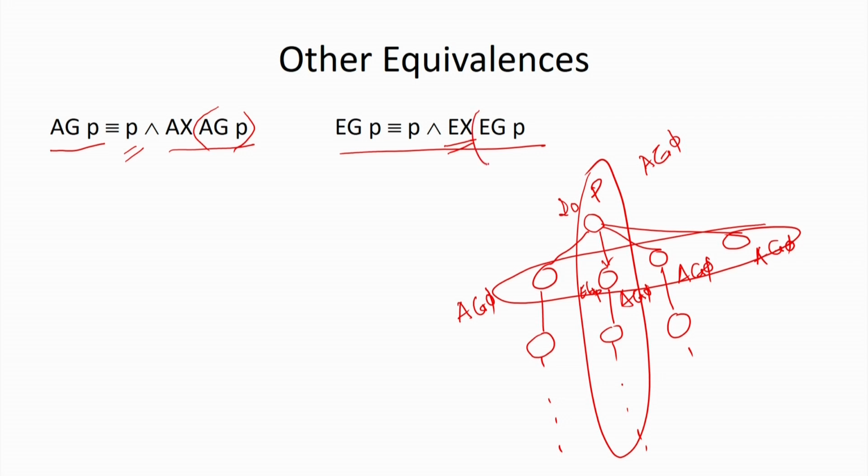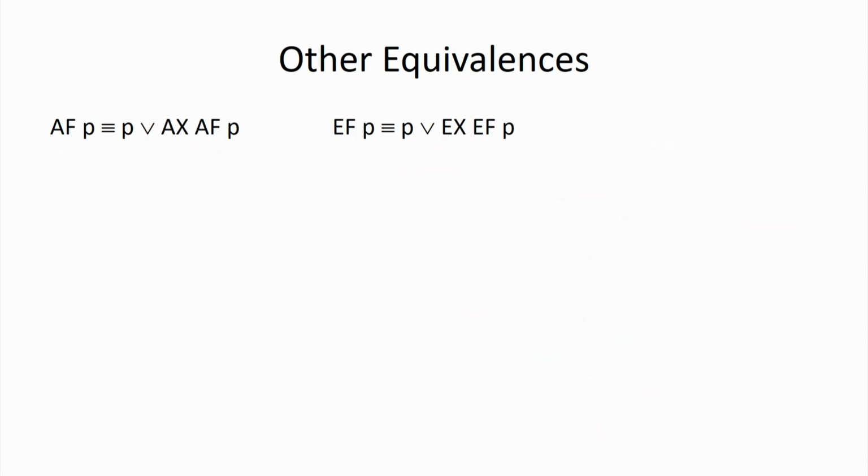Similarly, in the next state EGP must be true if we are talking about EGP. So, these are the two equivalences we have in CTL. Now, consider the second set. It says that AFP is equivalent to P or AX AFP, and similarly EFP is equivalent to P or EX EFP. Now, what does it say?